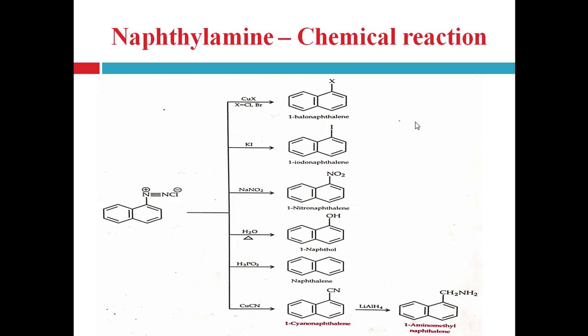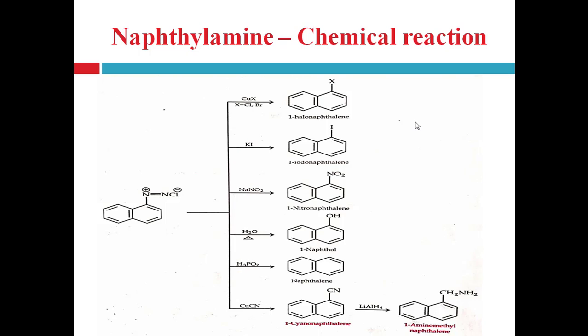When naphthalene diazonium chloride is heated in presence of water, it will lead to hydrolysis and form 1-naphthol. The OH group replaces the diazonium chloride group.